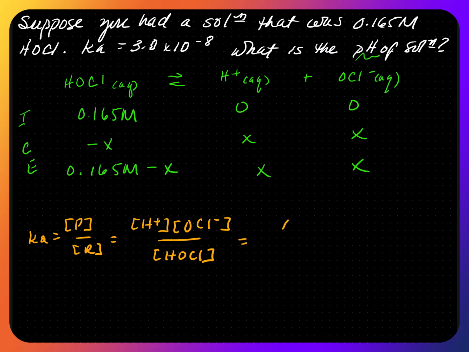Plug in, so that's going to be x times x over 0.165 molar minus x. This is equal to the Ka, which is 3.0 times 10 to the negative 8th. I'm going to assume the 5% rule, so the negative x is going to approach 0.